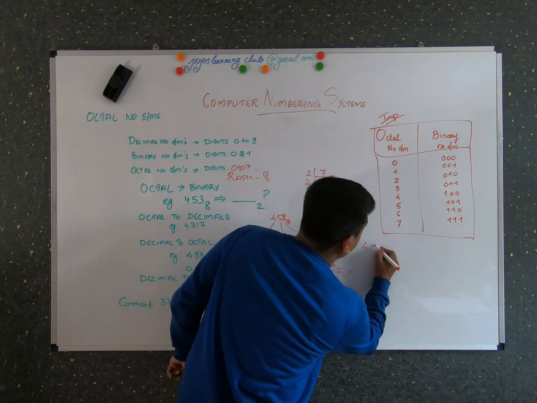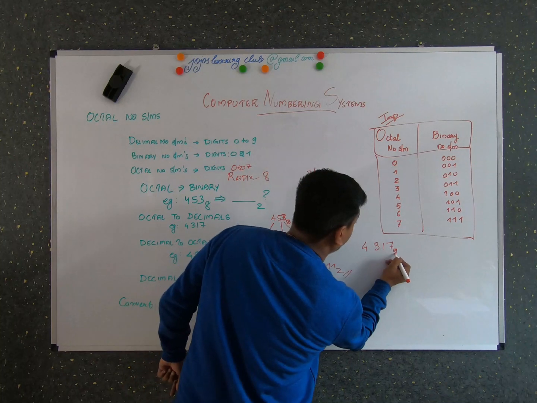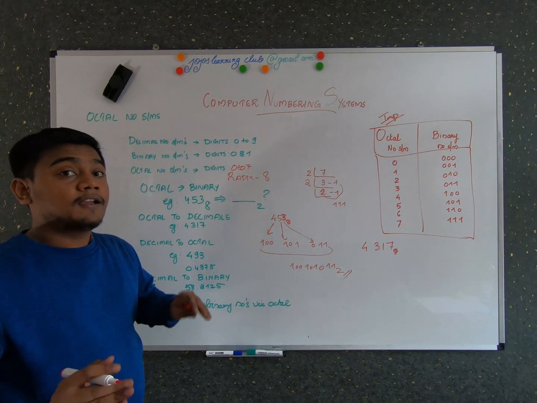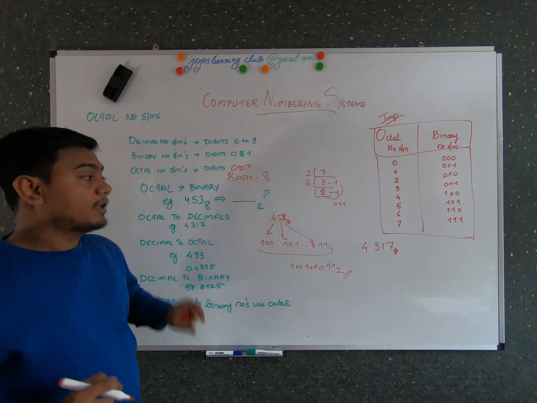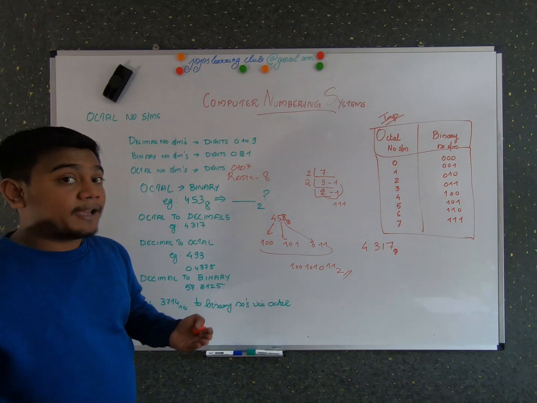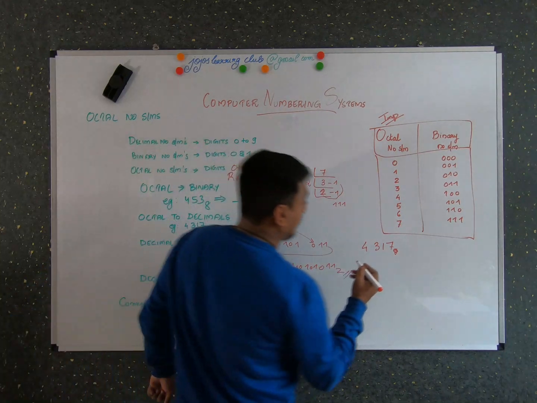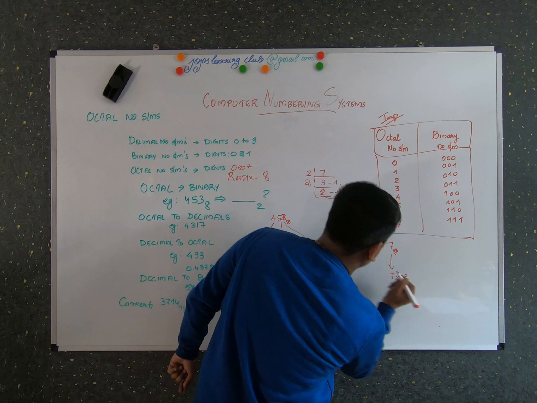So 4317 is an octal number. To convert this octal number to a decimal number, we multiply each of these digits by its base power. For example, for 7, you multiply it with 8 raised to 0.